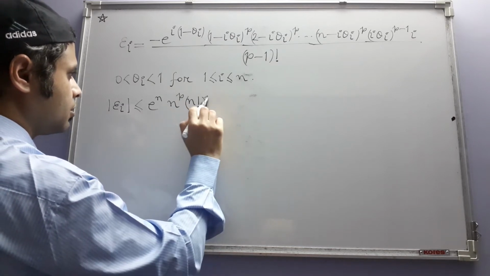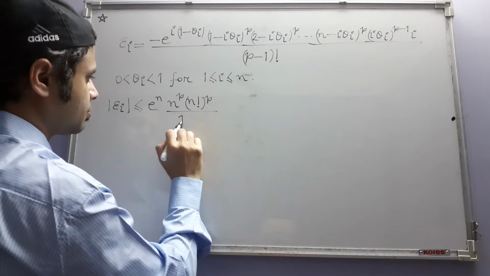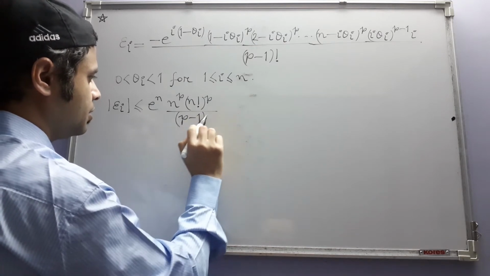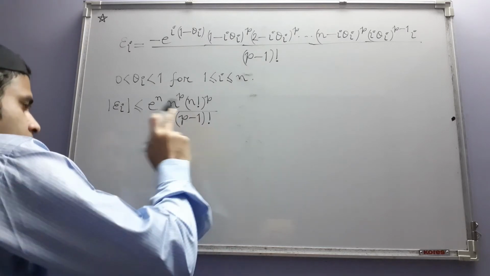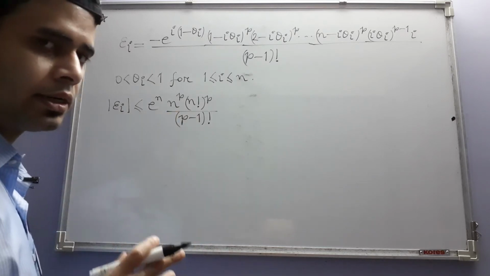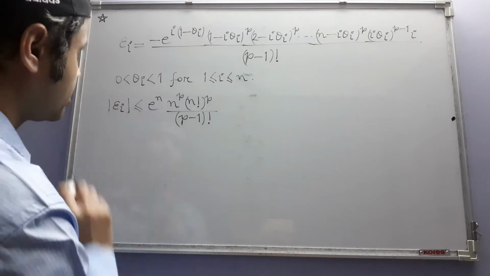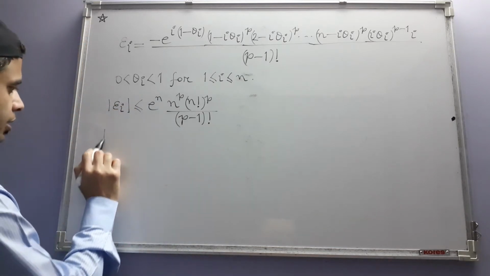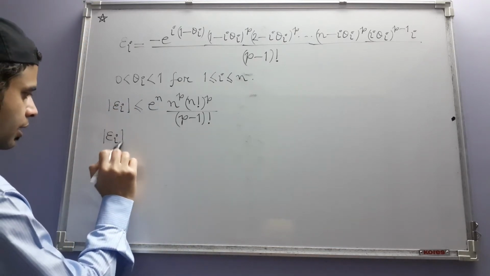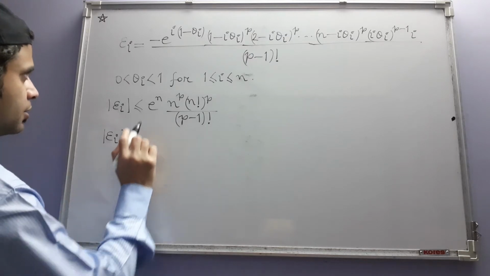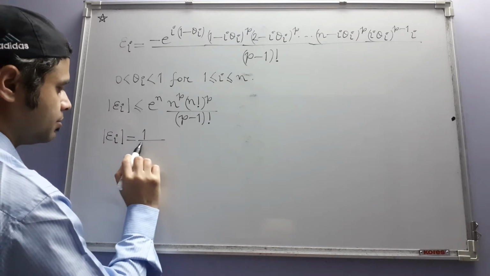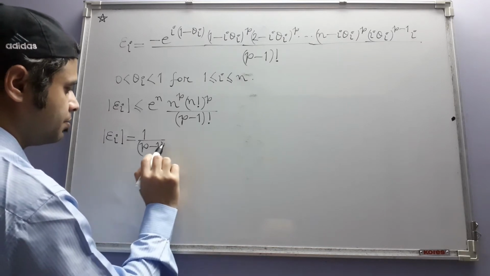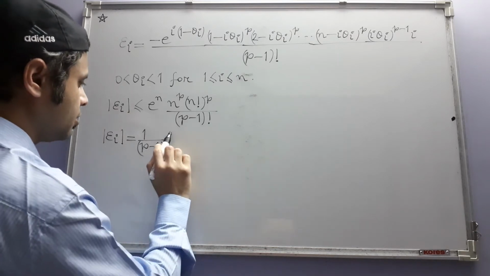n factorial to the power p divided by (p minus 1) factorial. Now parts of this upper bound are easy to understand, and they are true also. For example, when you take the absolute value of epsilon, the minus sign of course vanishes and you are left with (p minus 1) factorial in the denominator.